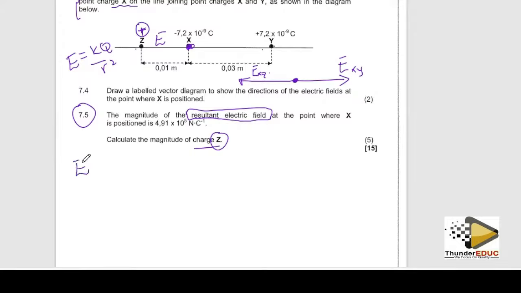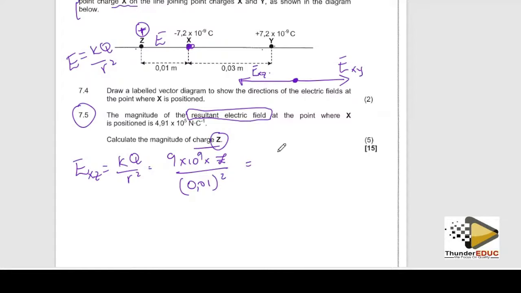So the electric field EXZ is going to be KQ over R squared, which is 9 times 10 to the 9 times my Q here, which is going to be Z, over 0.01 squared.